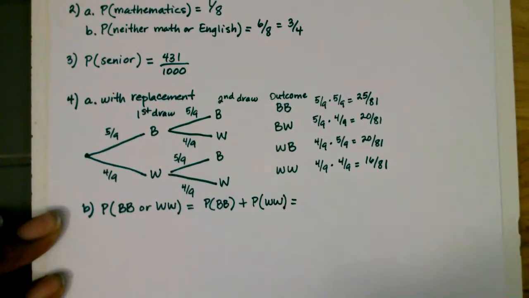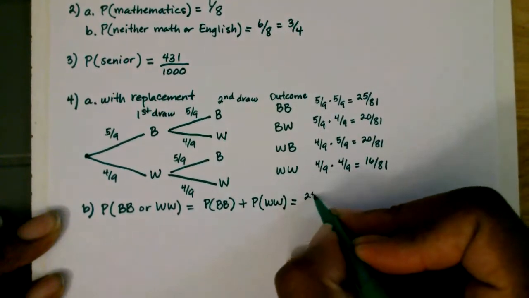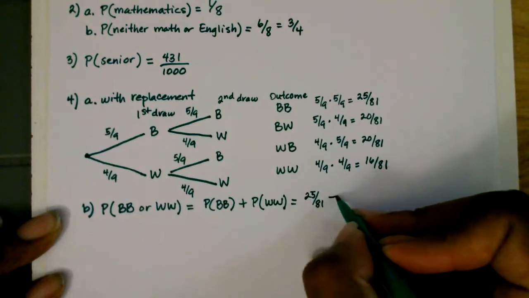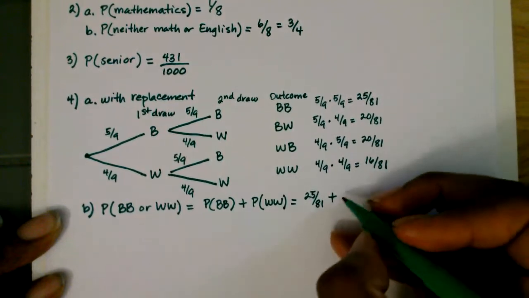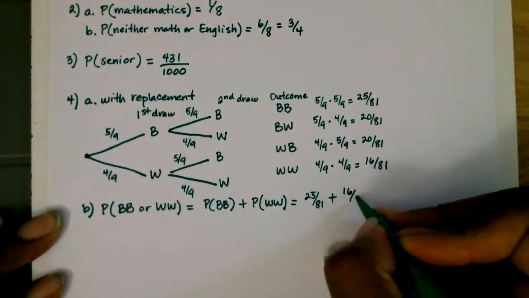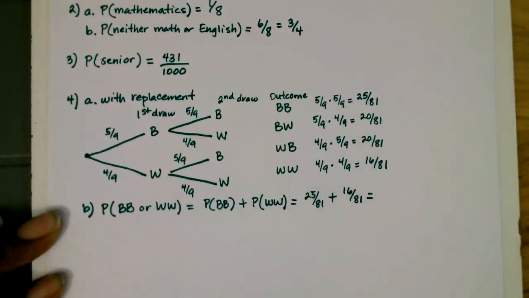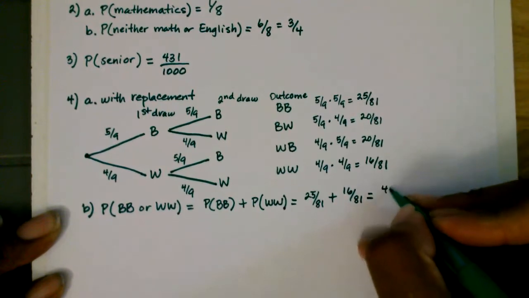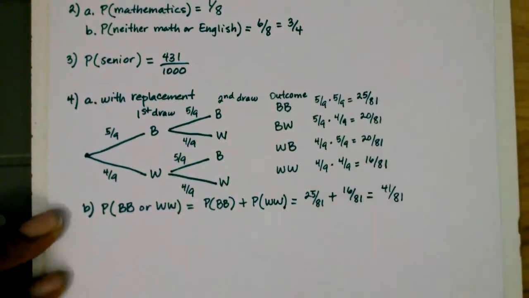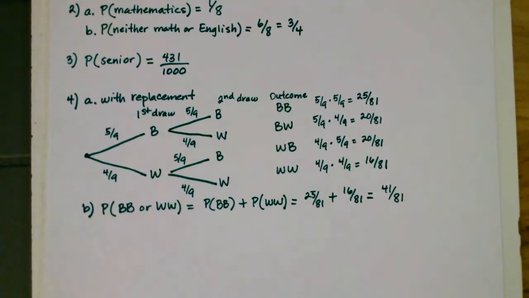So the probability of selecting 2 black balls will be 25/81. And the probability of selecting 2 white balls will be 16/81. Now, if I add 25/81 to 16/81, I would get 41/81. So the probability of selecting 2 balls of the same color would be 41/81.